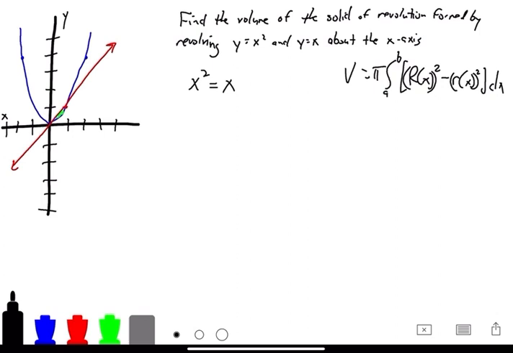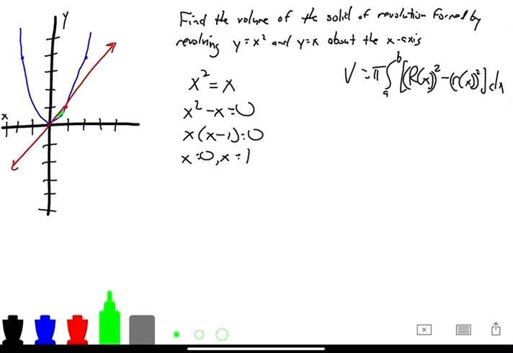So we have x squared is equal to x, and we solve for x. So of course, x is equal to 0 and x is equal to 1, which is precisely what we thought.